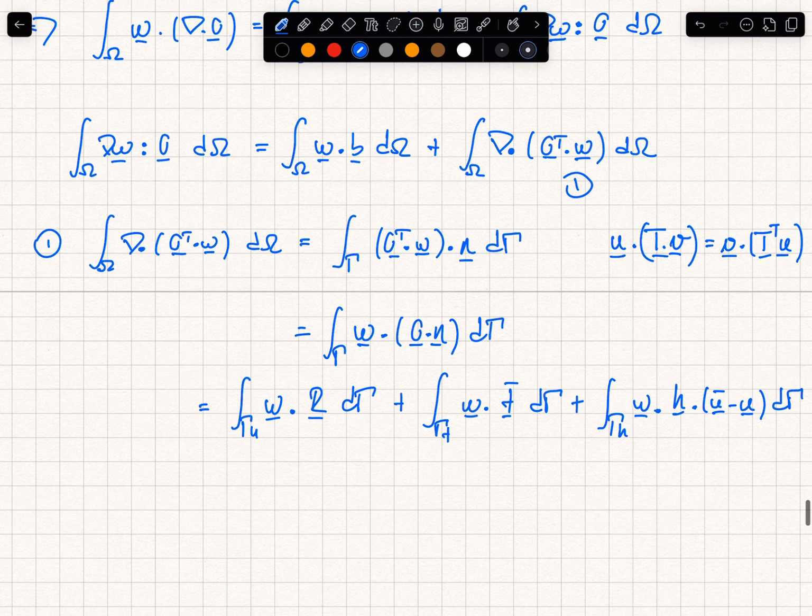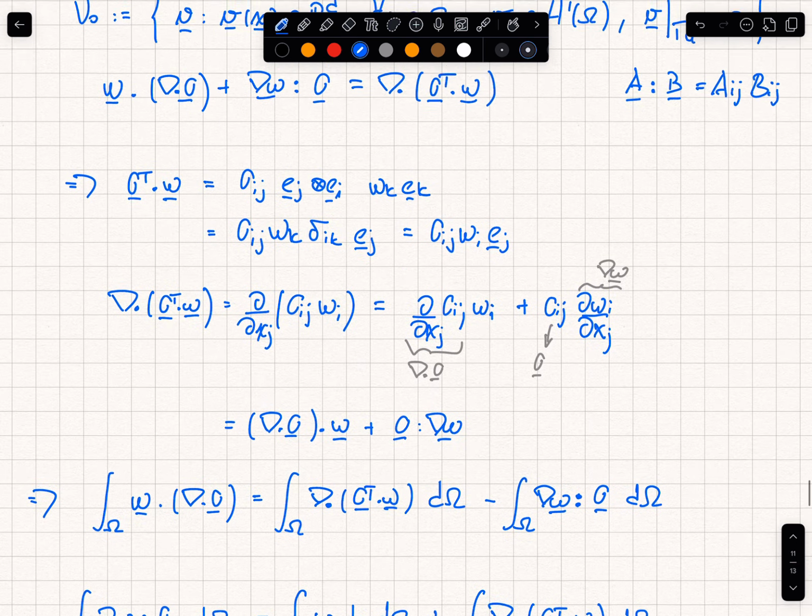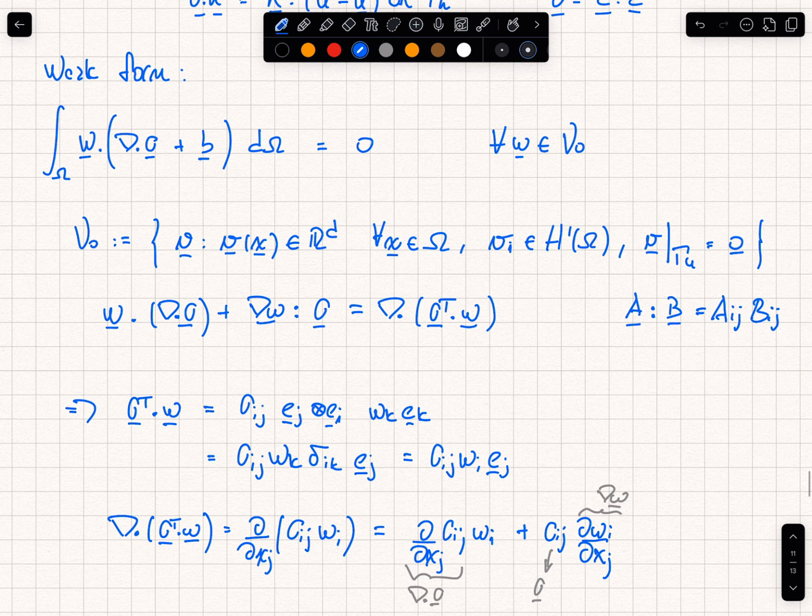Okay? Obviously, remember that the way we have defined the space, each vector that we're going to choose is going to be 0 in that part of the directly prescribed boundary condition, the same way we have been doing it from the beginning of this course.